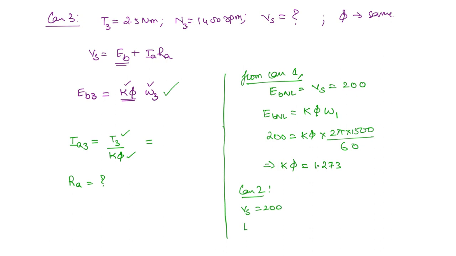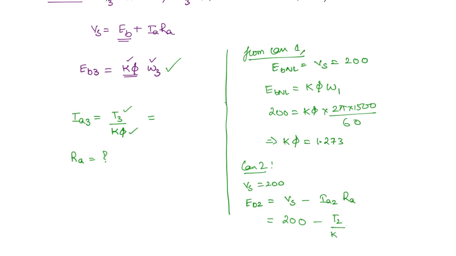Now EB2 is equal to Vs minus Ia2 into Ra. Ia2 you can find out, right? So this will be 200 minus Ia2, which is the torque T2 divided by K phi, into Ra.